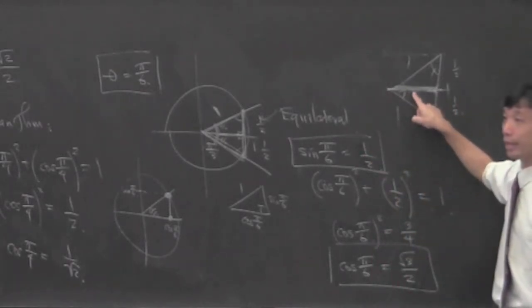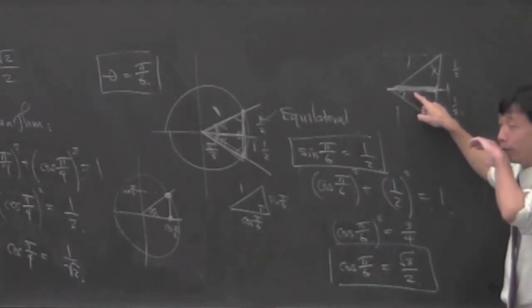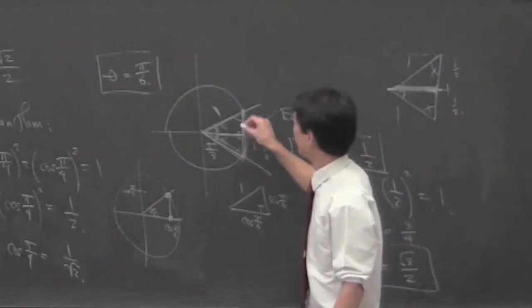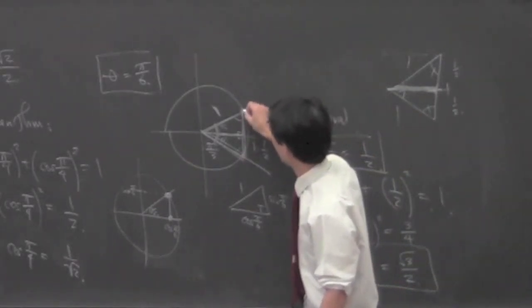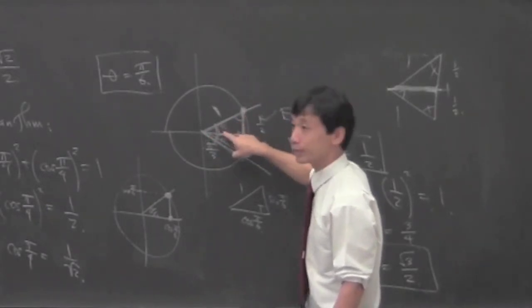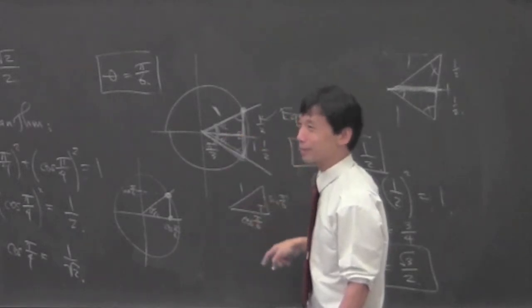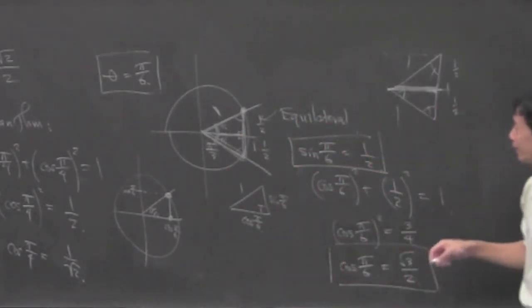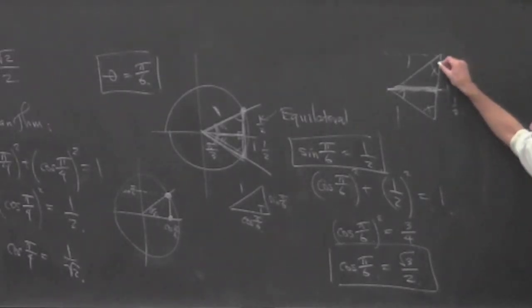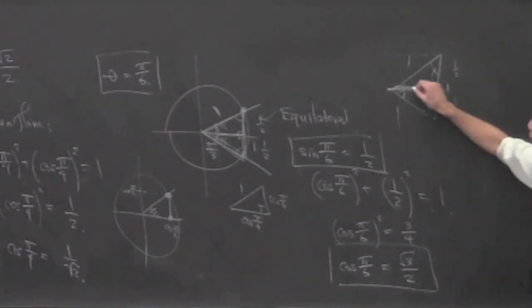Remember, we're trying to figure out the cosine and sine of pi over 6. Oh, because cosine is the x value. Exactly. I'm sorry, I just blanked for a second. That's okay. Cosine is the x coordinate, so down here, it's this length.